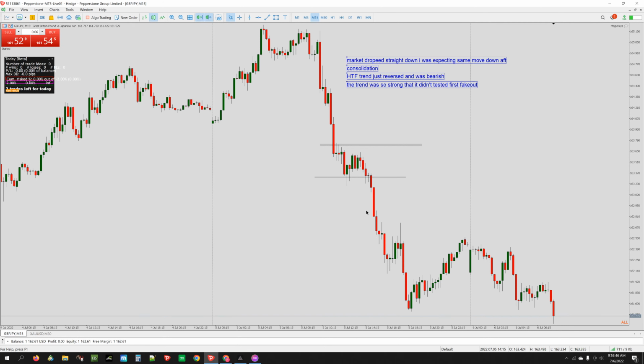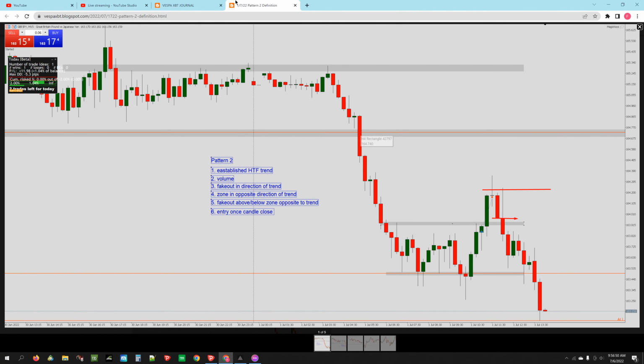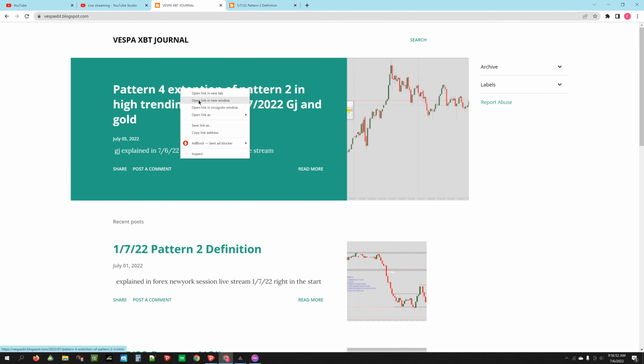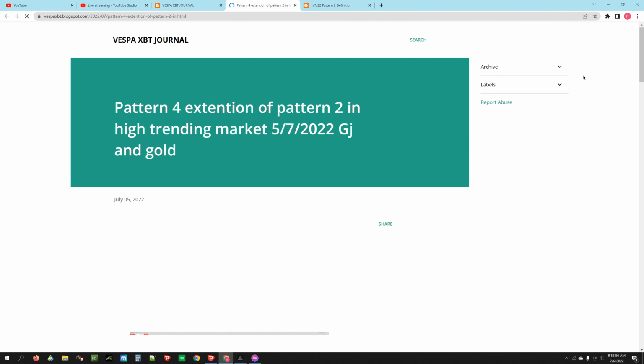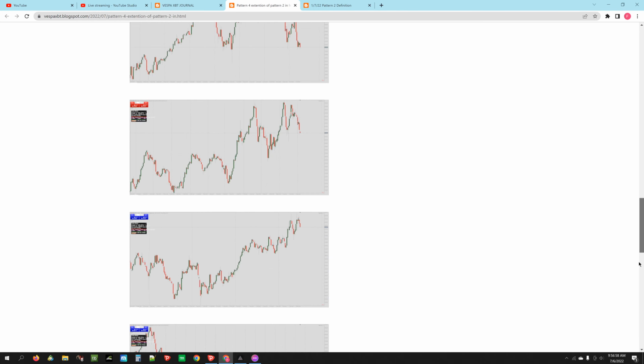So this is the whole idea behind pattern 4, and I have already uploaded pattern 4 on our blog if you want further references.